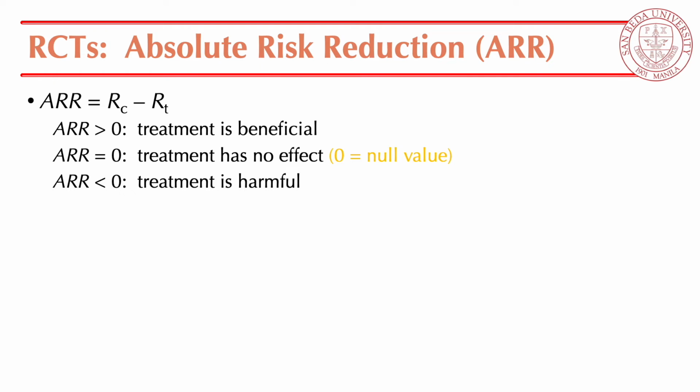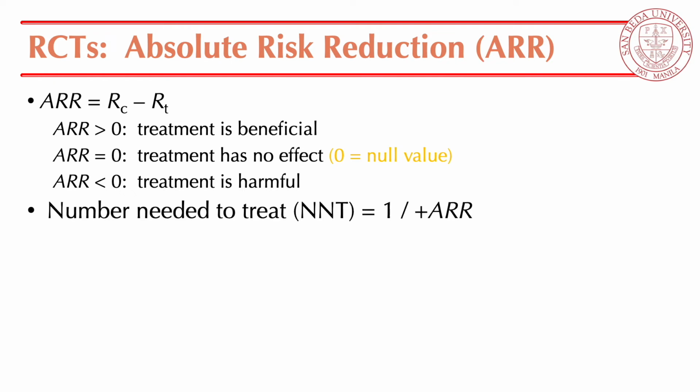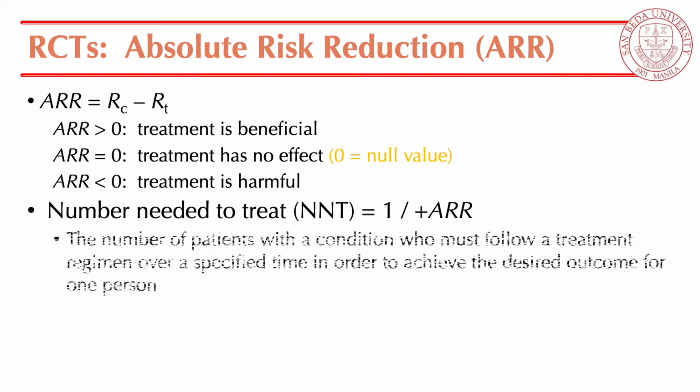What is important about ARR, however, is that we can derive two important measures from it. The first one is the number needed to treat, or the NNT, which is equal to the reciprocal of any positive ARR. Now, what does that number mean? The number needed to treat refers to the number of patients you need to treat with that new or investigational treatment in order to prevent one additional bad outcome.